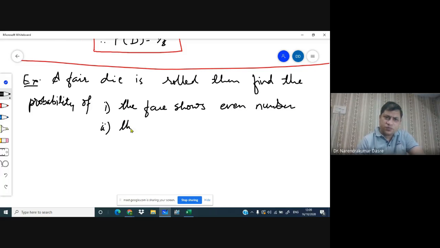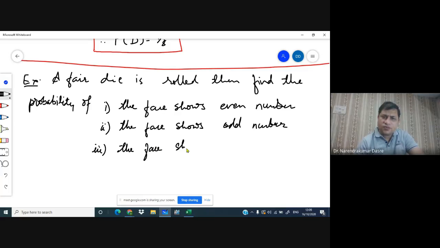Second, the face shows an odd number. Third, the face shows a prime number.